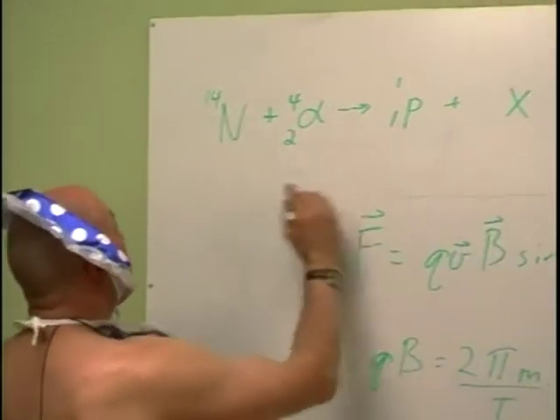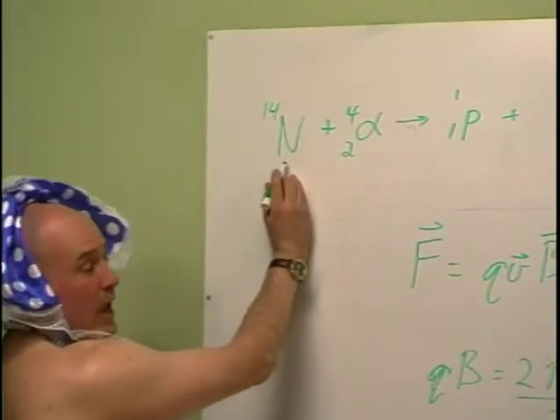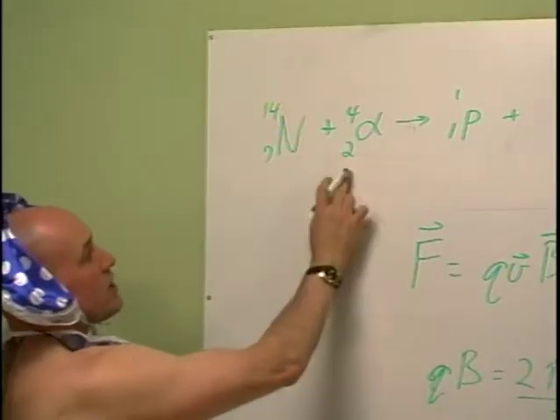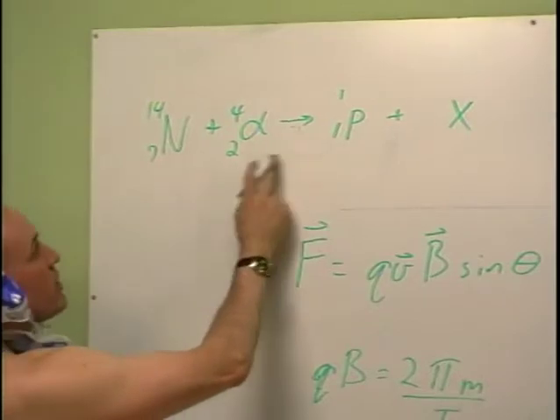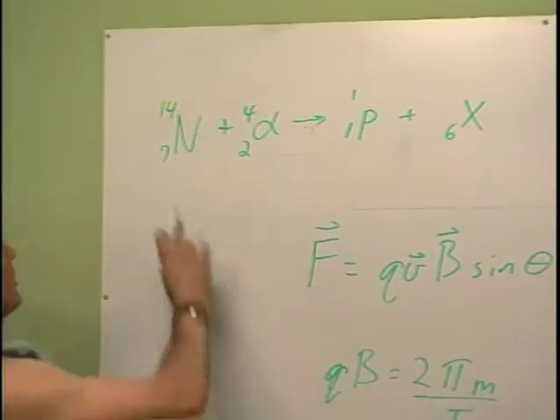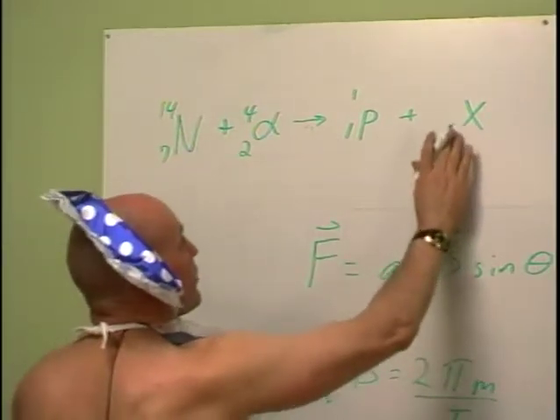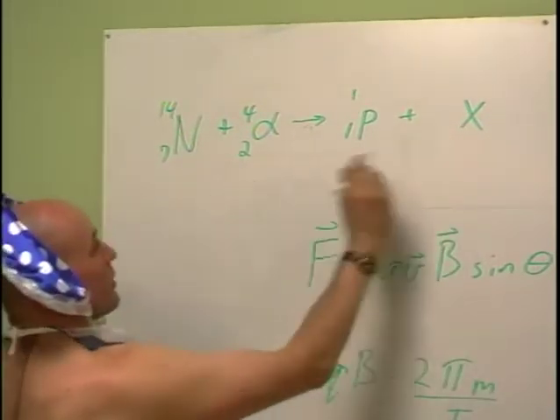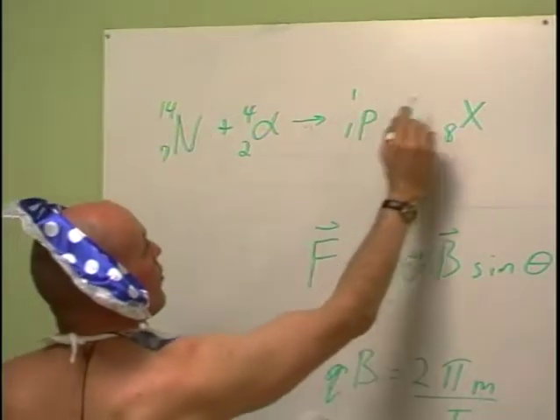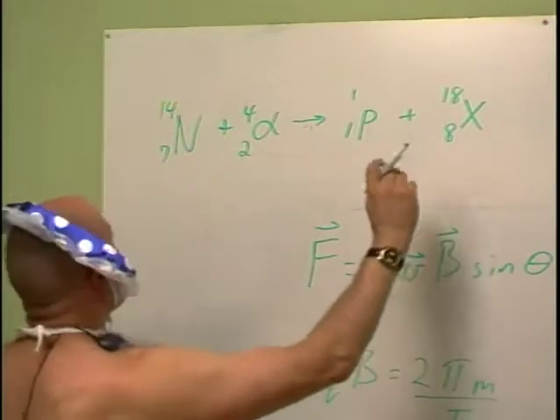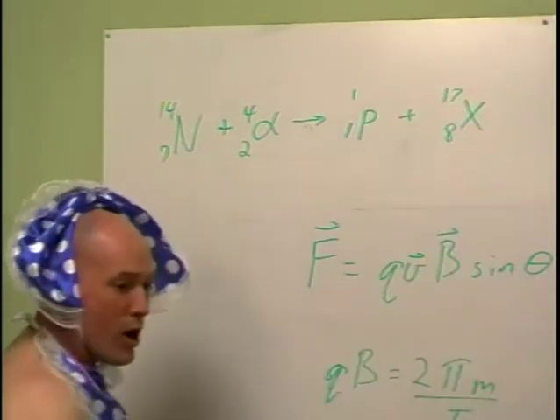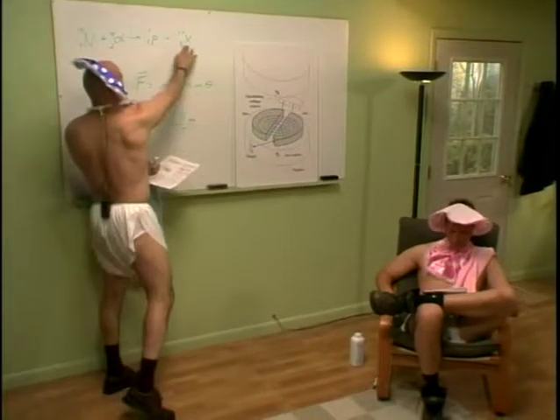Now, nitrogen has how many protons? 7, the atomic number. These numbers have to add up to these numbers. So 7 plus 2 equals 1 plus 8. And 14 plus 4 is 18, minus 1 is 17.